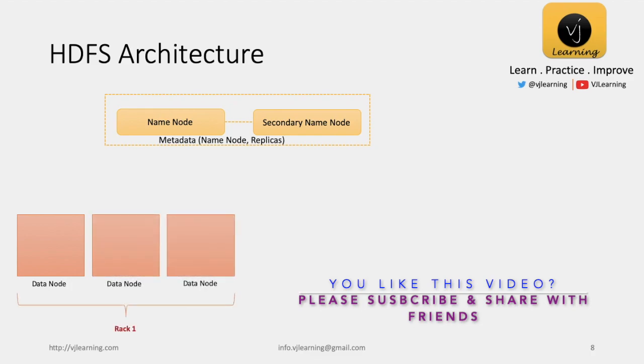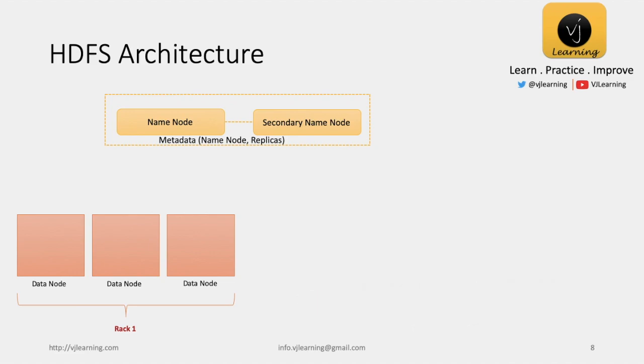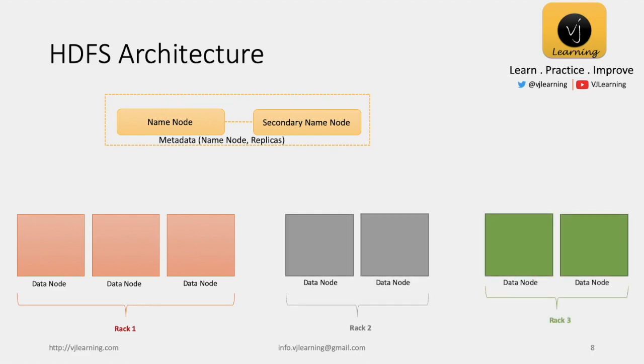In addition to that, to make a cluster more available as well as more reliable, data nodes are usually distributed across the racks. In this diagram, I depicted 7 data nodes, and they have been distributed across 3 racks.